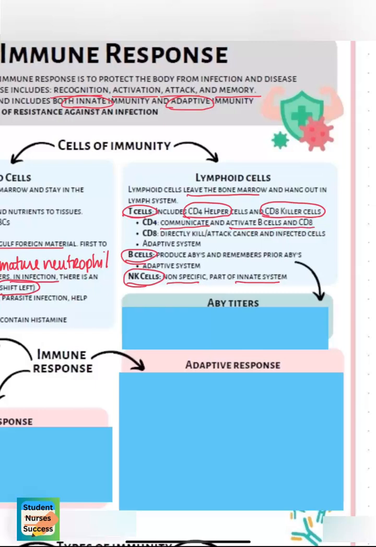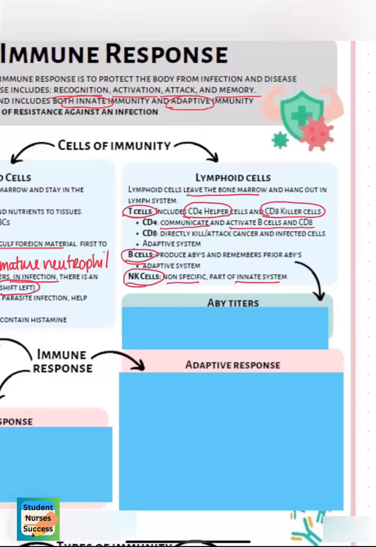So the CD4 cells recognize infection and they will actually go and call for help for the CD8 cells and the B cells to start making antibodies. So they're an important step in the middle. The CD8 cells directly kill and attack cancer and infected cells. All of our T cells are part of our adaptive immune system or our memory system.